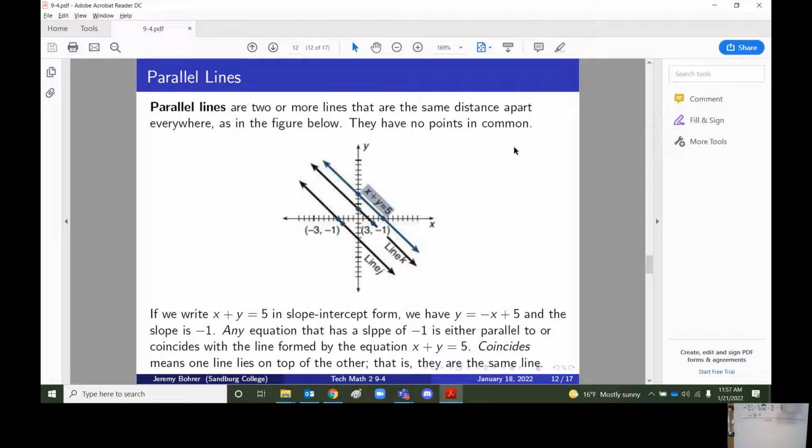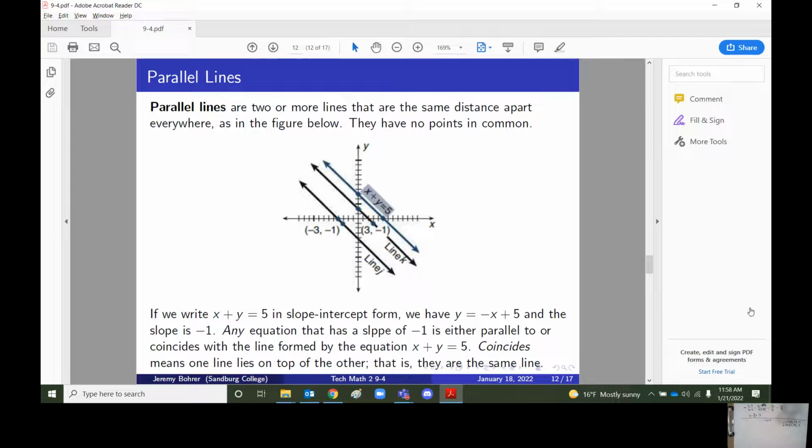In particular, line j goes through the points (-4, 0) and (-3, -1). And k goes through the points (0, 2) and (3, -1).